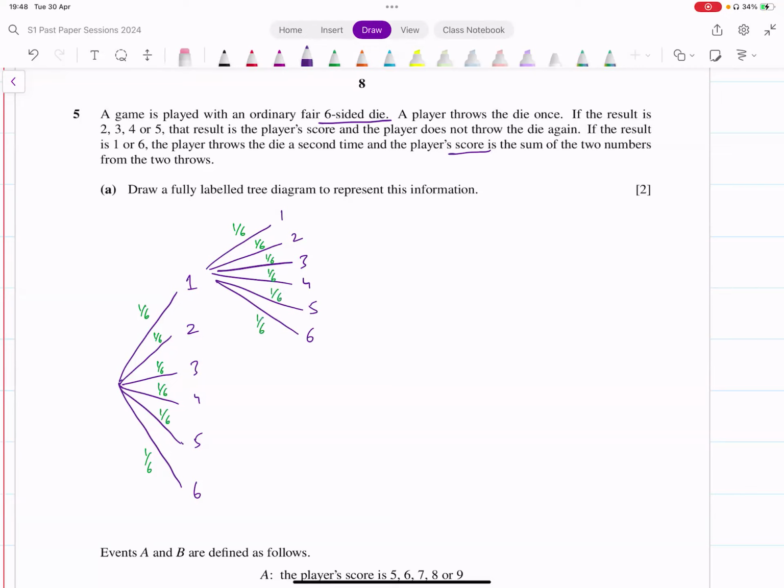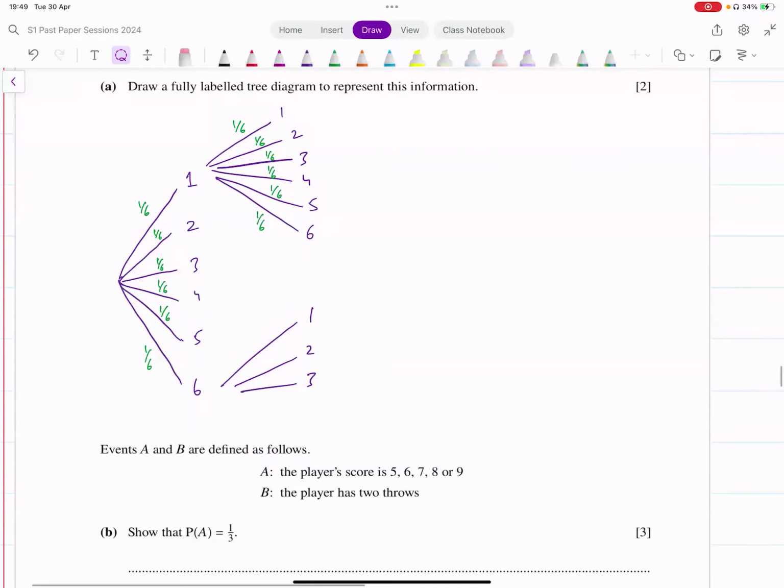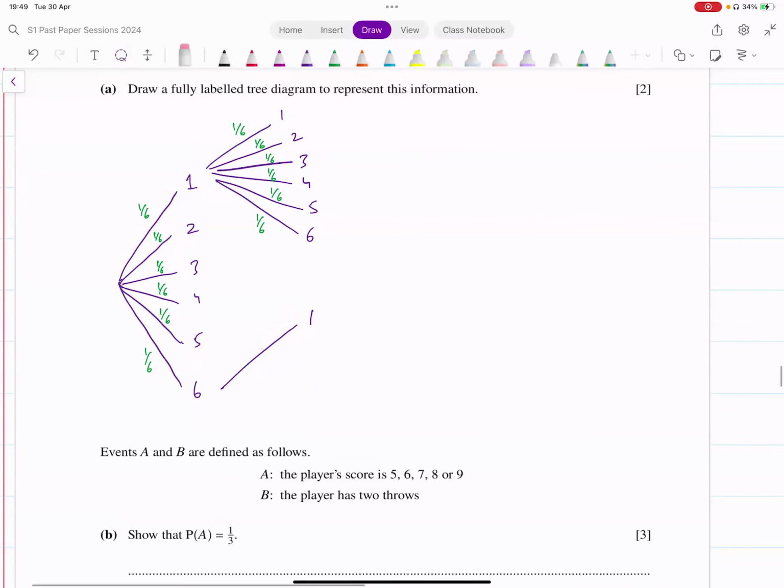And do the same thing for this last case as well, when he gets a 6 the first time. So yeah, he has these possible cases: 1, 2, 3. Let me make it slightly narrower. 2, 3, 4, 5, and 6.